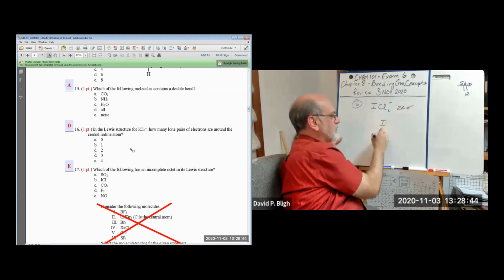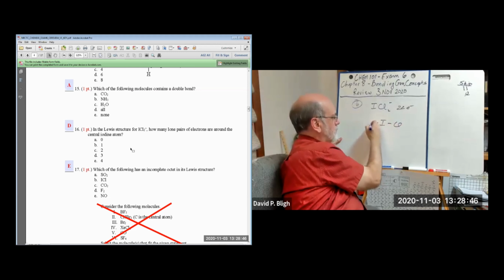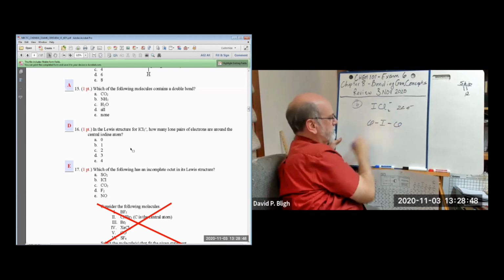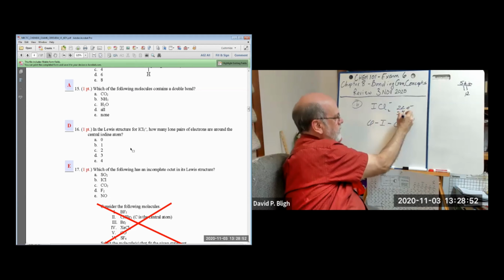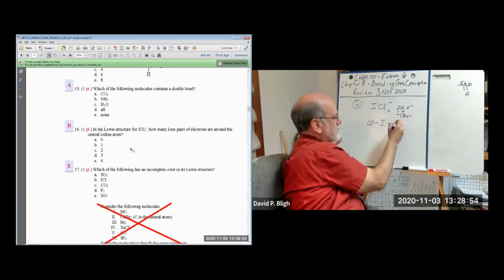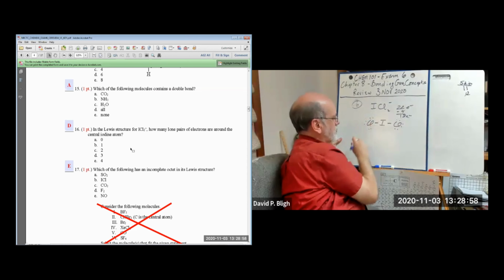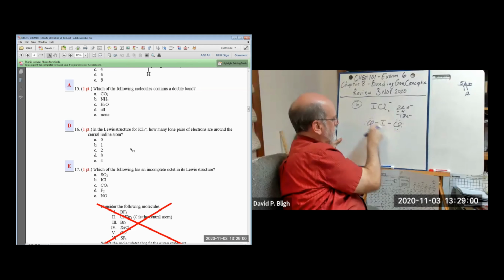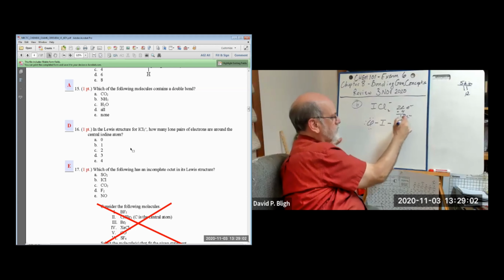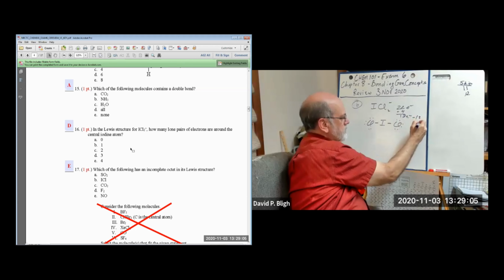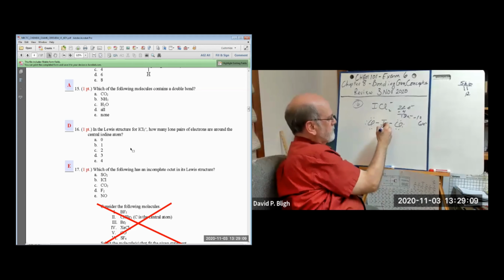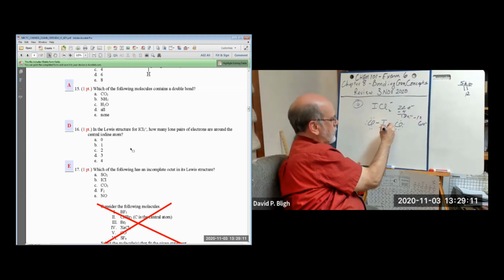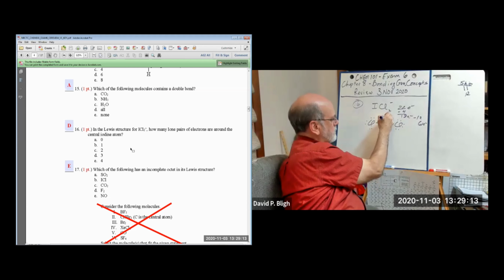Iodine's going to be in the middle. Okay. And then we've got, that means minus 4, which is 18 electrons. 2, 4, 6, 2, 4, 6, 8, 10, 12. Minus 12, which is 6 electrons. So now we're going to have 2, 4, 6.